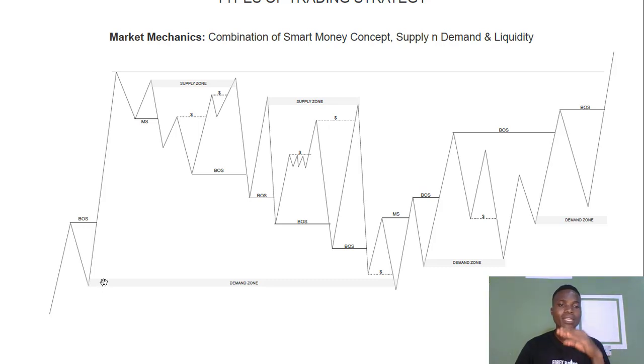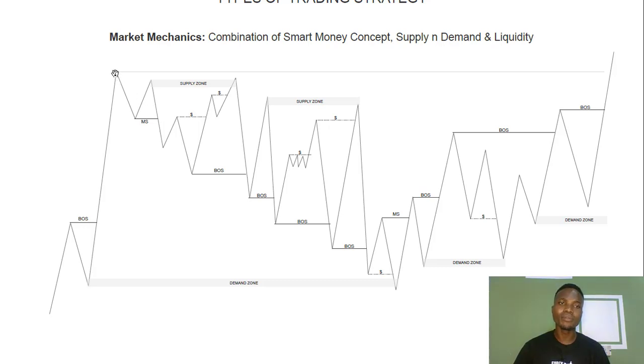There is going to be a shift in the market. So we see that the buyers push price above this high. Now they have created the market shift right there. So when they create a market shift, it means that we now need to look out for buying opportunities.